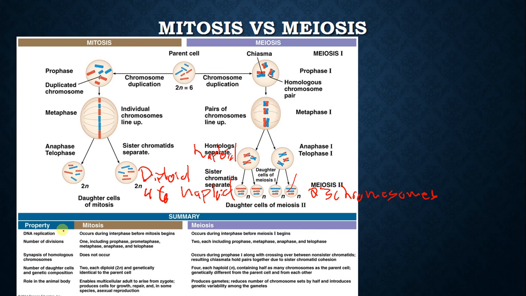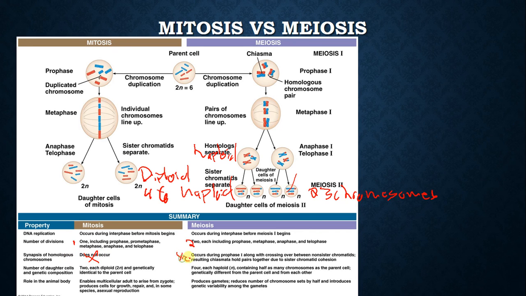What's the same? DNA replication. In both, it happens in interphase before meiosis 1. Differences: number of divisions, mitosis 1 division, meiosis 2 divisions. Synapsis and crossing over does not occur in mitosis.